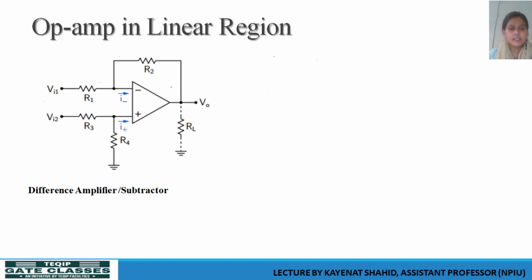Are we not saying that the operational amplifier is itself a differential amplifier? Yes, we were saying that the operational amplifier itself is a differential amplifier. Op-amp is nothing but a differential amplifier which amplifies the difference between the signals, that is, it amplifies V2 minus V1.